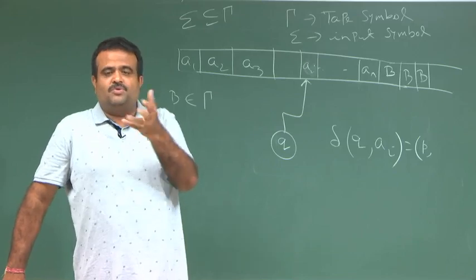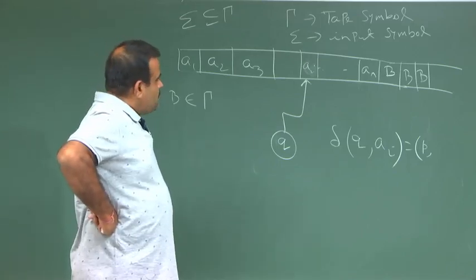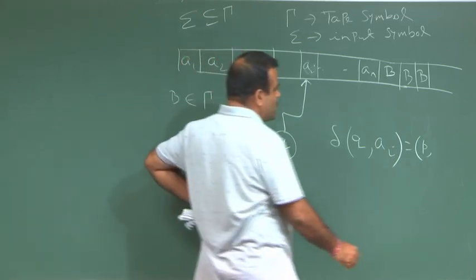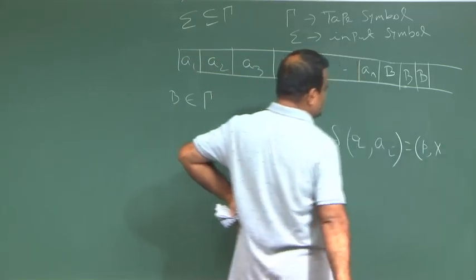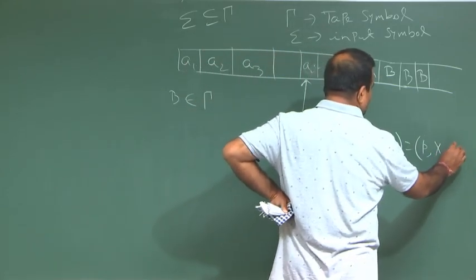We are not going to give the blank as part of the input string. So, this is the situation. Now, this is going to some symbol X, and the position of the head is either going to the left or right.